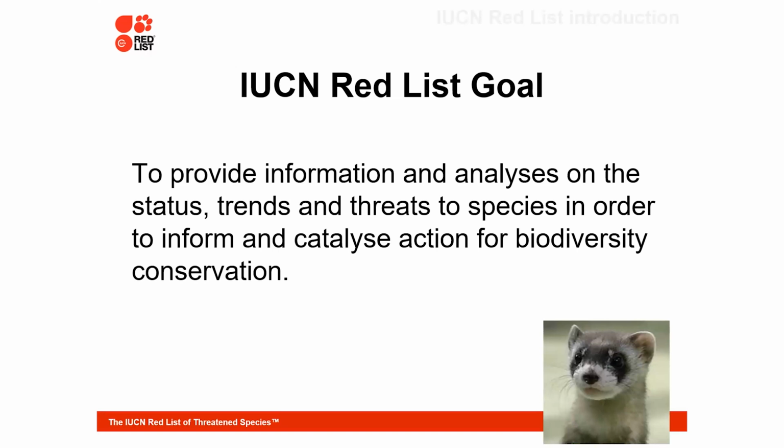The goal of the IUCN Red List is to provide information and analyze the status, trends, and threats of species in order to inform and catalyze action for biodiversity conservation. This includes the traditional role of identifying particular species at risk of extinction.